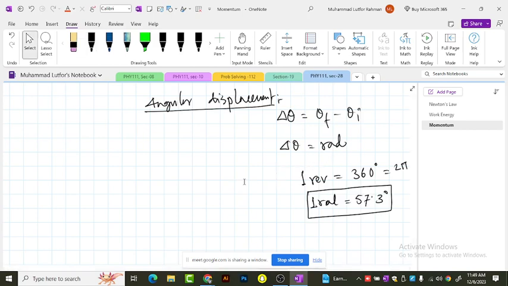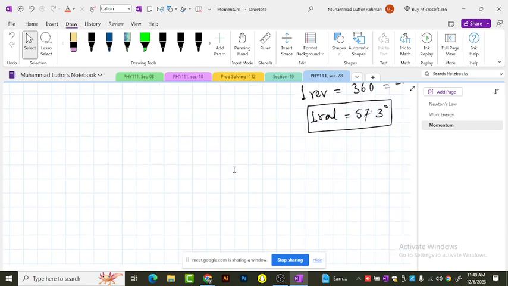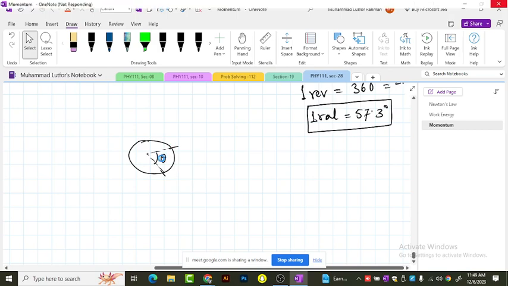All right, so now if I know the angular position, then I will be able to find the angular velocity. Angular velocity is angular displacement over time. Let's say a system travels from a starting point to another point, creating an angular displacement del theta in time del t.